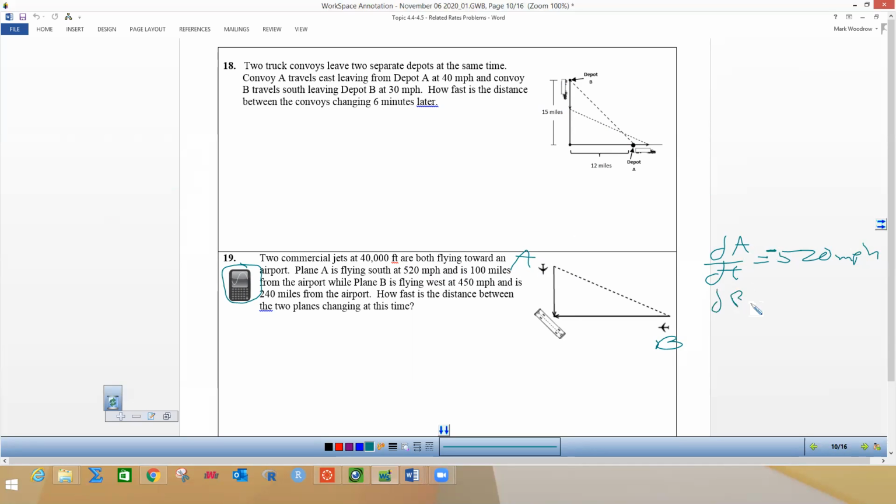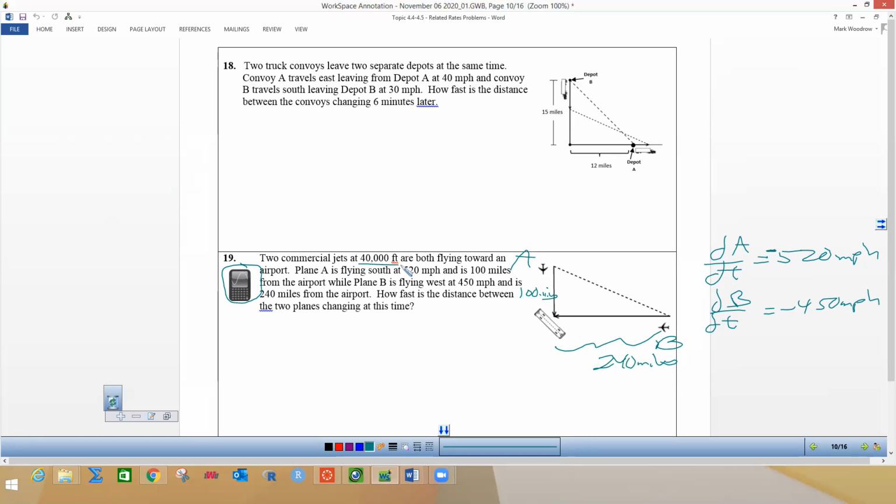And dB/dt is also decreasing distance because it's flying left closer to this, and it's going at negative 450 miles per hour. And right now at this time, plane B is 240 miles out, and plane A is 100 miles away from the airport.